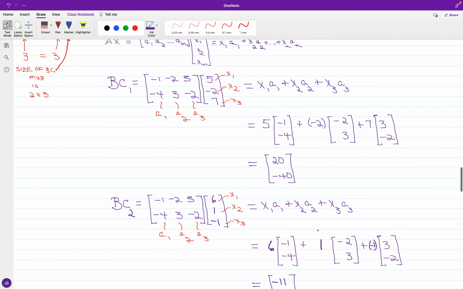Now for the next column in the product, okay, this will come from taking the resulting product of BC and multiplying by the second column in A. Second column in A, I have 1, negative 2, 4.